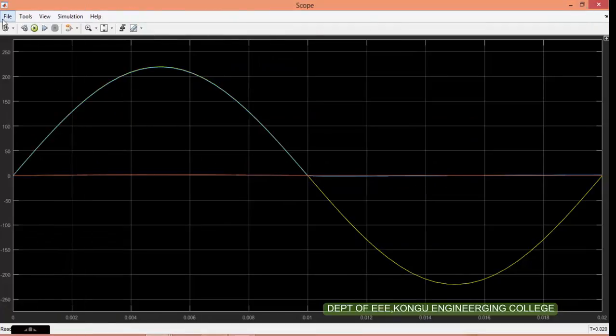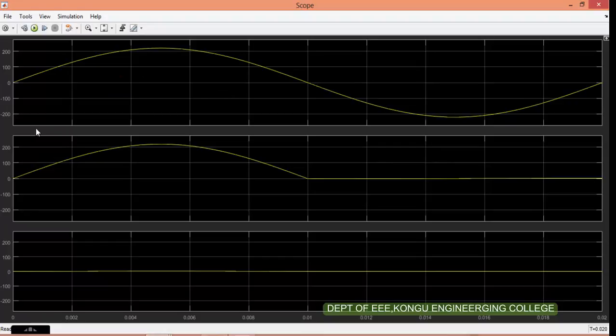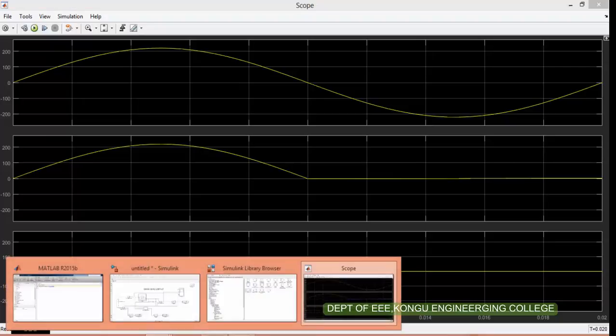Now we are having 3 waveforms in a single window. So now let us split the waveforms. Why is the current 0?